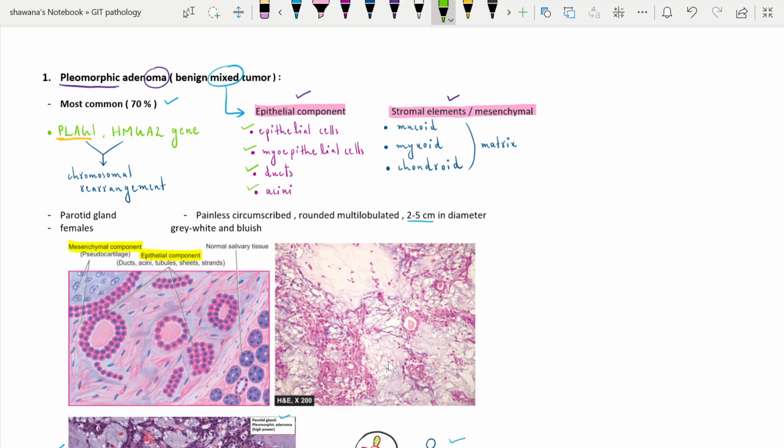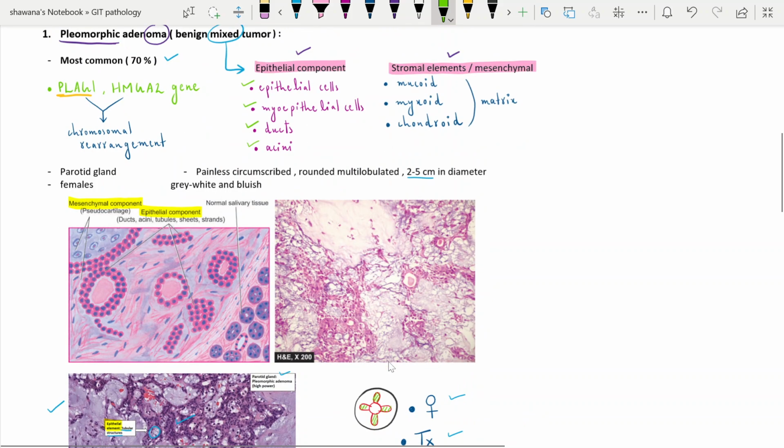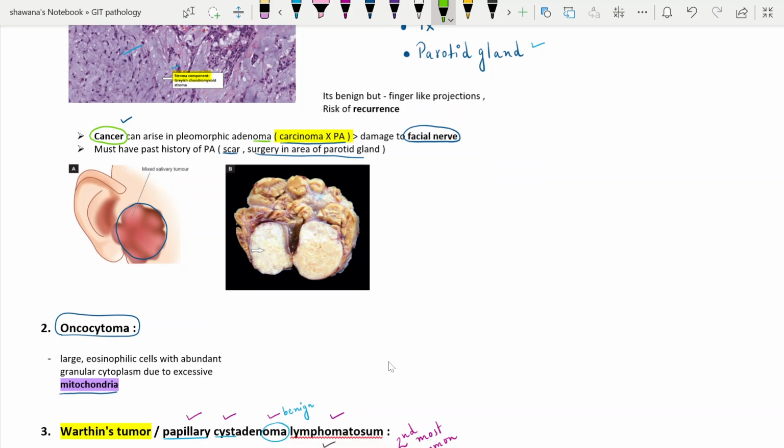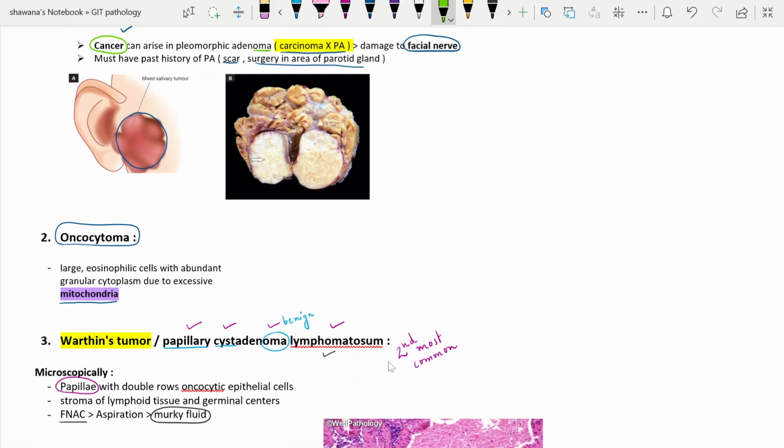It's also known as benign mixed tumor because it has two components, the epithelial and the stromal. The second is the oncocytoma. It's nothing but cells with a large number of mitochondria. And the third is the Warthin's tumor, which is also known as papillary cystadenoma lymphomatosum.